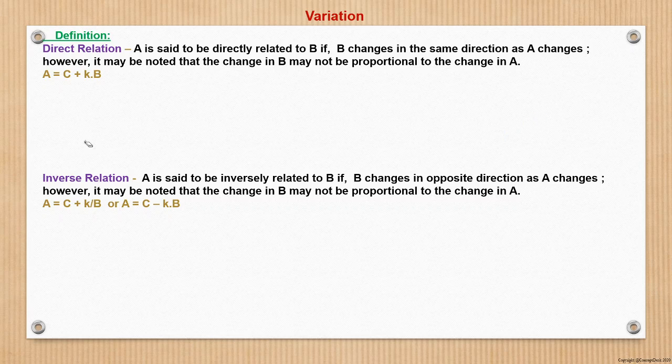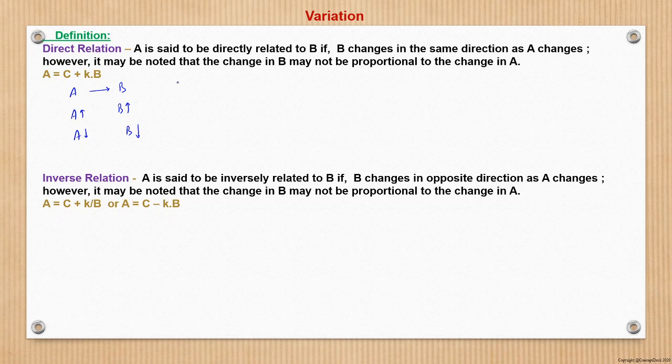Relation only says that if A and B are related, then if A increases, B will also increase, and if A decreases, B will also decrease. However, the quantum of decrease or increase may not be proportional to the quantum of increase or decrease in A.